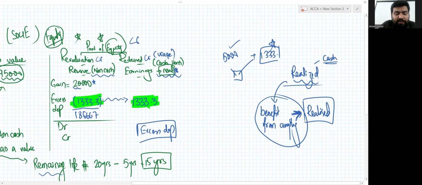So the excess depreciation is deducted from revaluation reserve, meaning it is lowering the amount of revaluation reserve. So here, will the revaluation reserve be debited or credited?